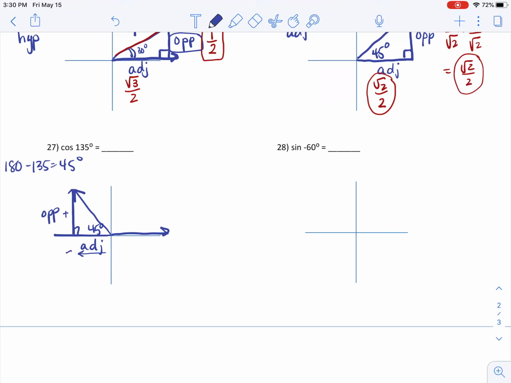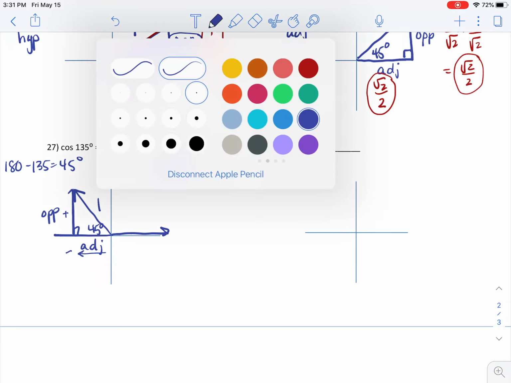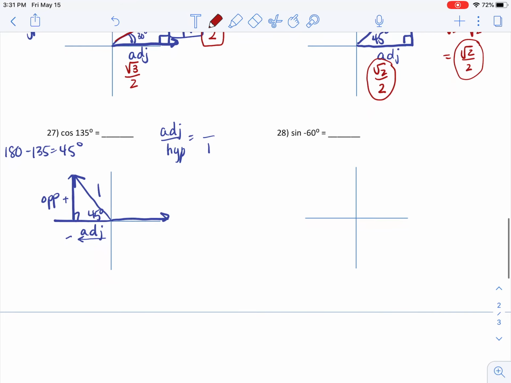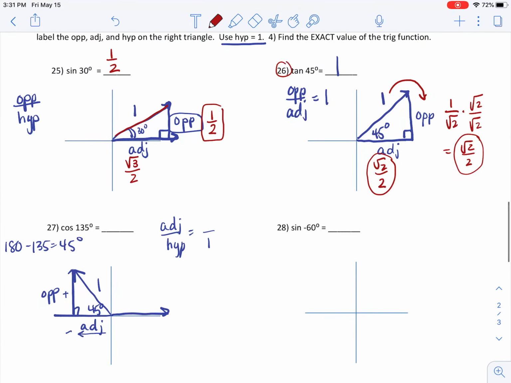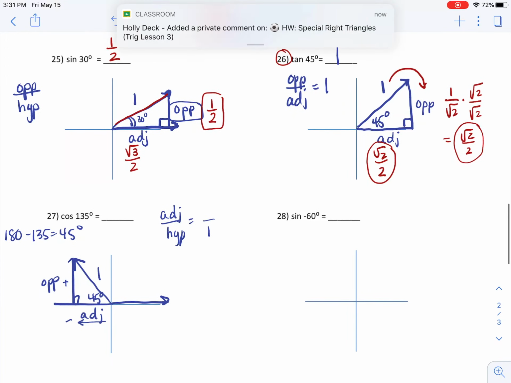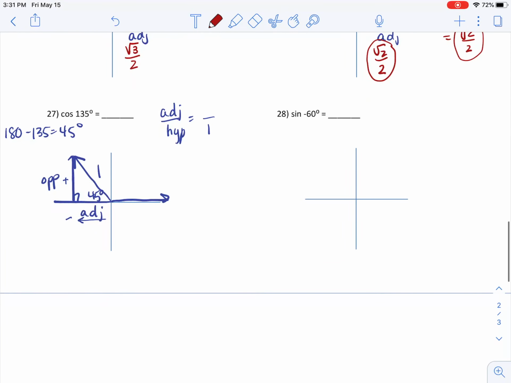Okay. So we want the cosine. Cosine is adjacent over hypotenuse. Again, the hypotenuse is equal to 1. All right, so let's figure out what these values are. Just like we saw in problem number 26 right here, when it's a 45, 45, 90, we can use that to our advantage here.